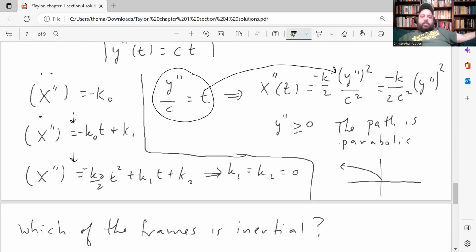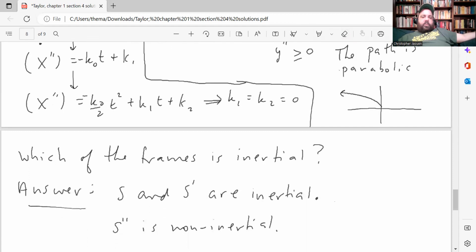So x double prime of t is given by negative k over 2 times y double prime squared over c squared. If you rearrange things, it looks like negative k over 2c squared y double prime squared. So you get this half of a parabola that lies on its side. The puck looks like it's moving along that part of the parabola, and that's what the path looks like for reference frame S double prime.